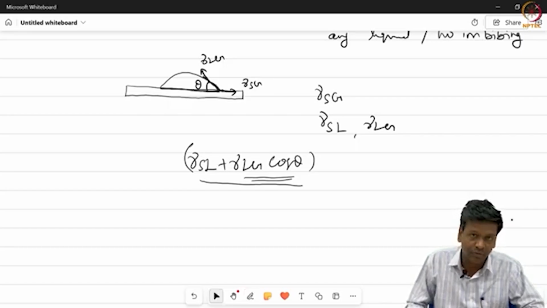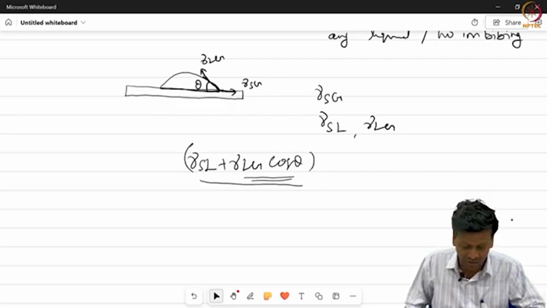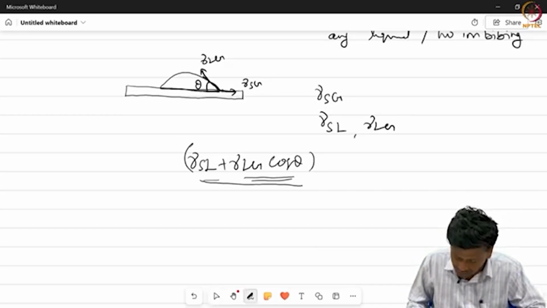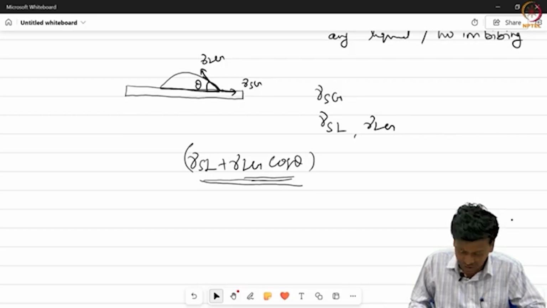The resulting component will be gamma LG cos theta, which you can obtain through a simple geometric relation, right?